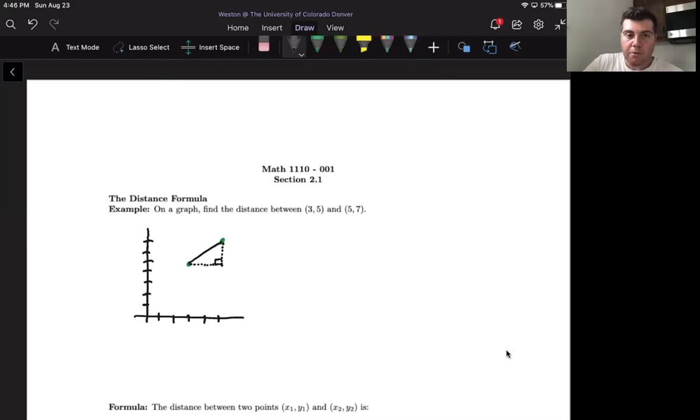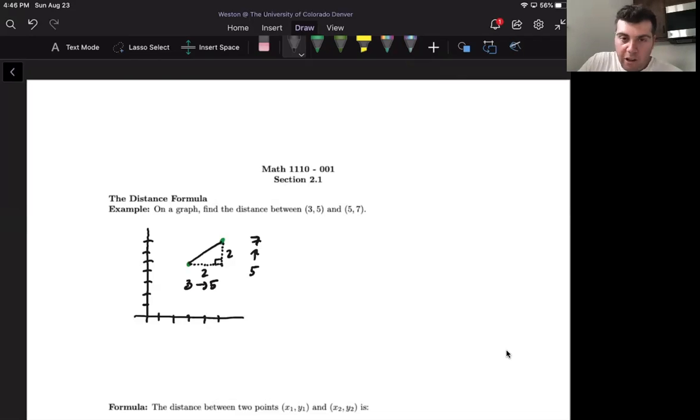We know that we moved in the x direction, we moved from 3 to 5. And in the y direction, we moved from 5 to 7. So that's going to tell us that one side leg has length 2 and the other leg also has length 2.